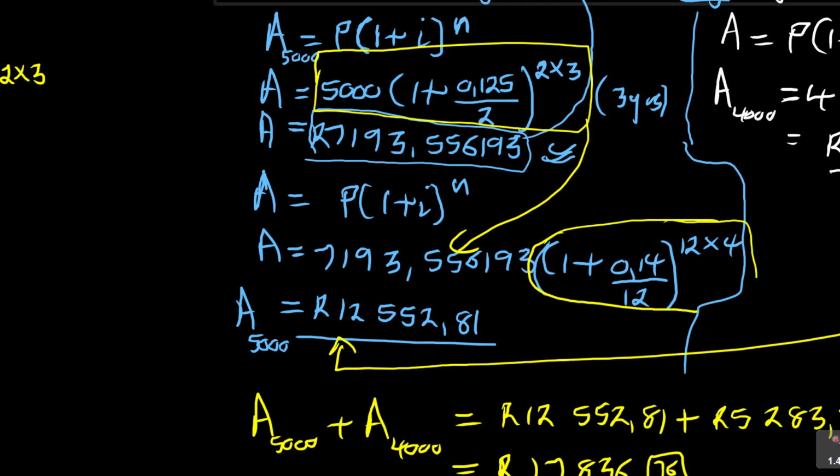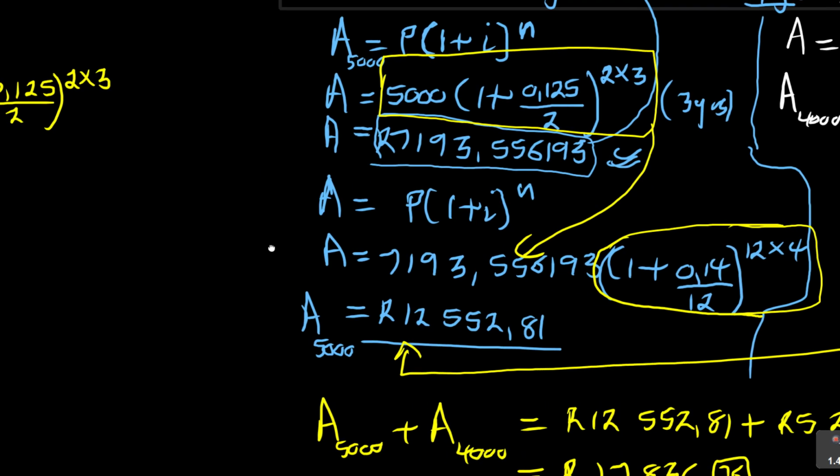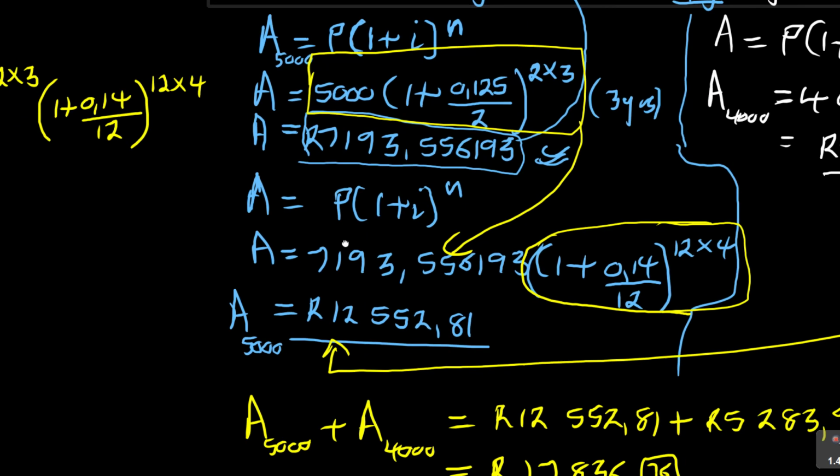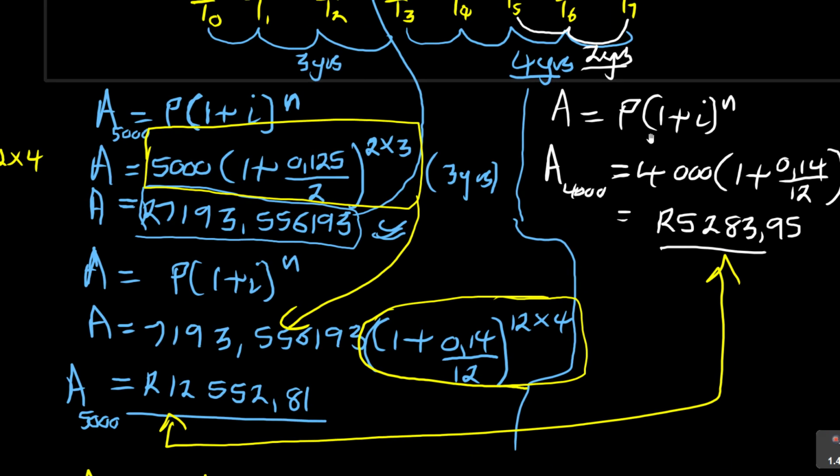So again, you can add now this part here that I'm writing. How do you add it? You also do the same and say bracket here 1 plus 0,14 over 12, and then is what? 12 times 4. Again, you are not done. We said there was the 4,000 that you added.